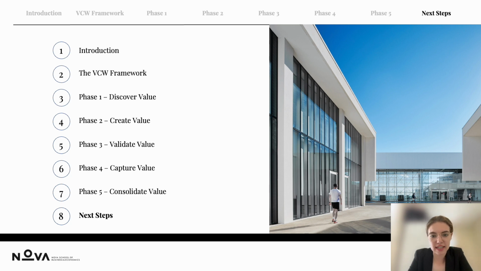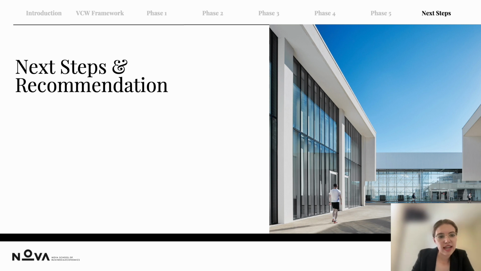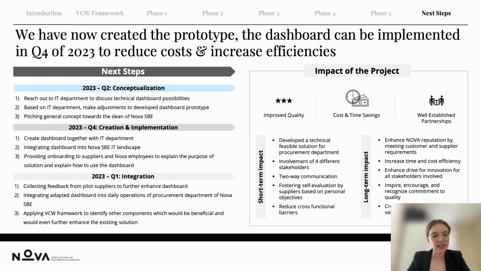So what are the next steps and how do we want to continue with our project? Right now we created the prototype and conceptualized it. In the next step, the implementation of the dashboard solution will take place, and then finally the integration. And if all the steps are completed successfully, we can also assess the impact of our project.